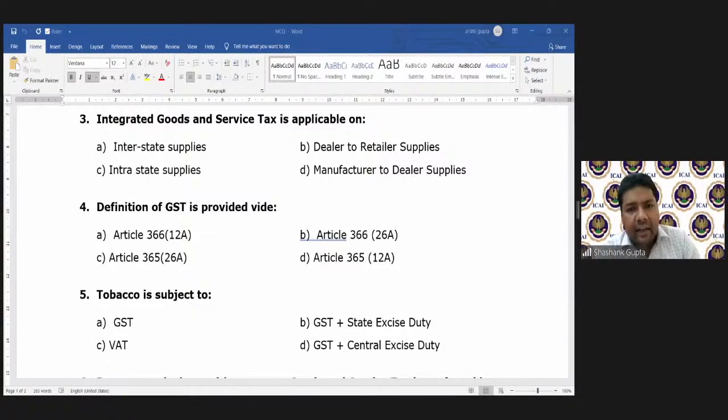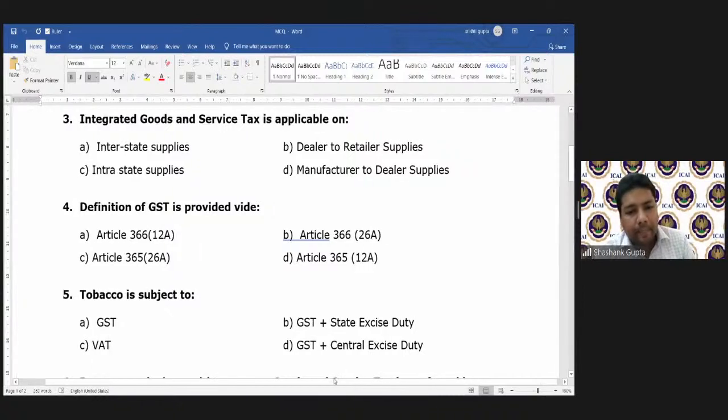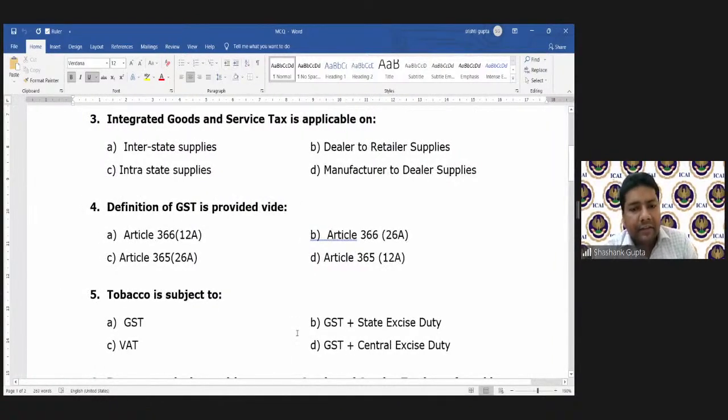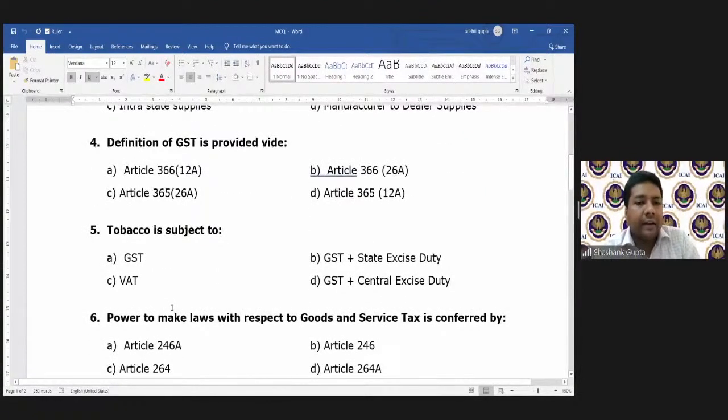Kamal Roshia is saying 4D. Why 4D, Article 365(12)(a)? Did we study anything such as Article 365(12)(a)? The correct answer is A, Article 366(12)(a).